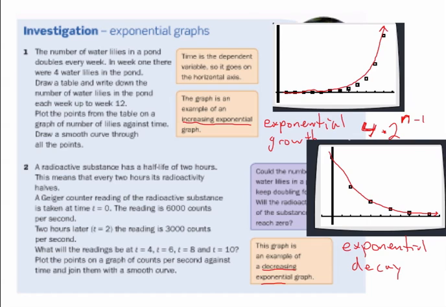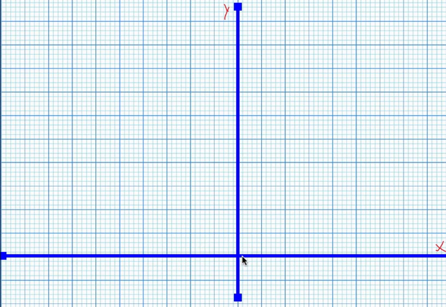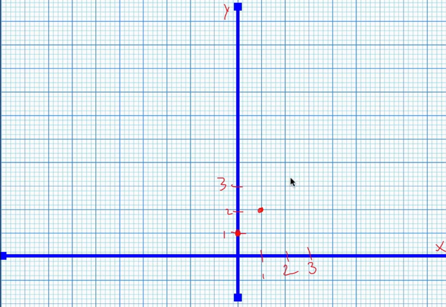So 0, 1 and 1, 2 are points that I have here. So 0, 1, I'll put that right there. 1, 2, so I'm going to call this 1 and 2 and 3 and so forth. We also have 2, 4 and 3, 8.